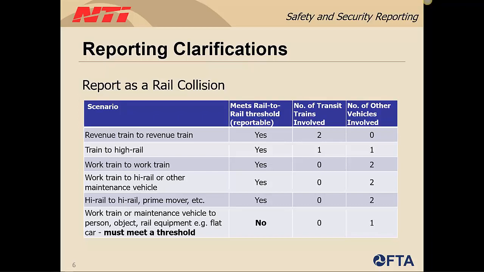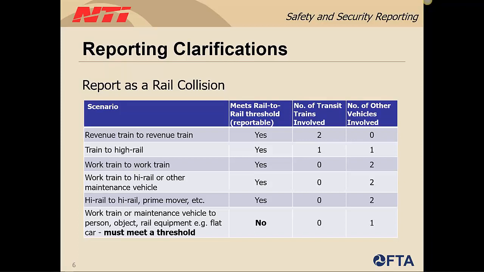That's entirely my fault. Okay, so when you create a rail collision report, the collision event form requires you to enter how many transit trains are involved and how many other vehicles are involved. So you see that in a revenue train to revenue train collision, you would include 2 trains involved.